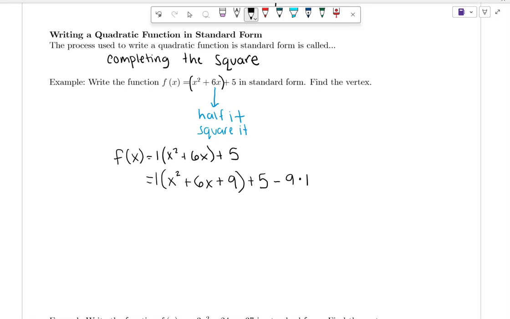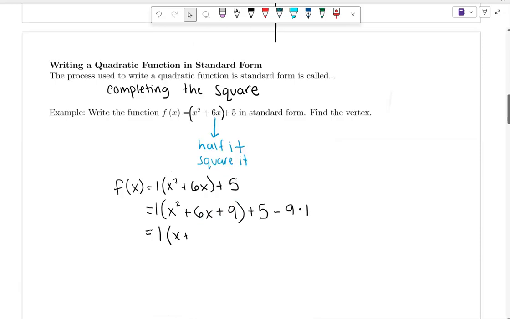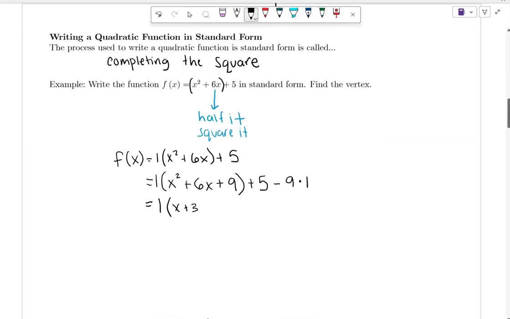Now we are going to simplify this a little bit. What can these parentheses that we have right here, the quadratic, what can you simplify this to be? x plus 3 squared. Is that what you said? Perfect. Yep, so you can make that x plus 3 squared.